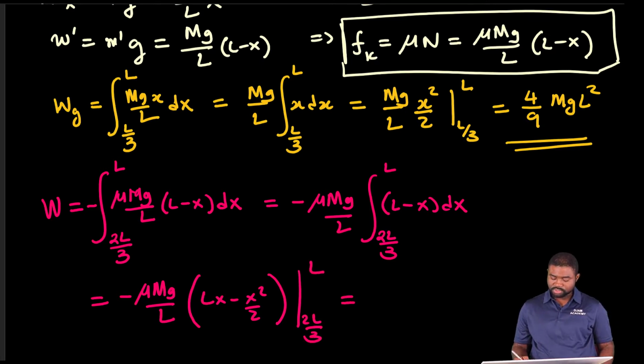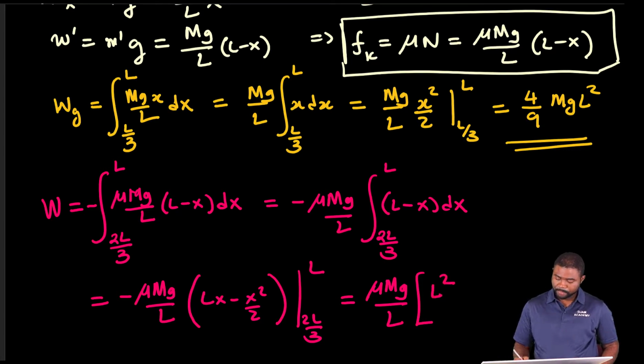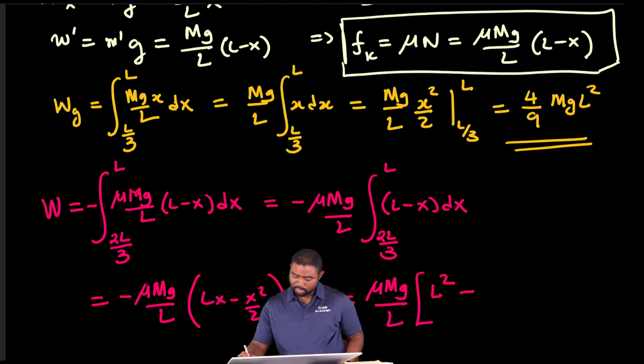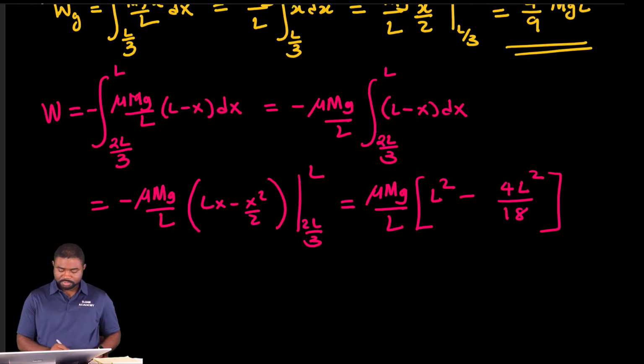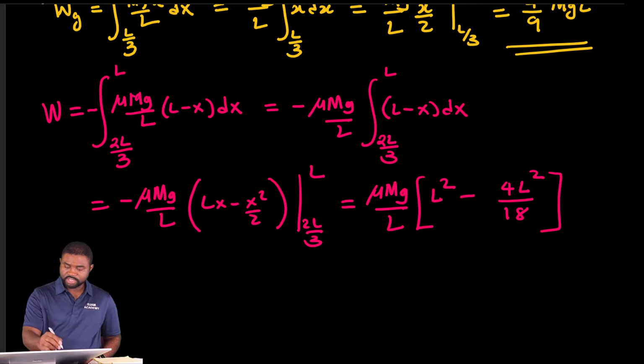This will be equal to mu capital Mg over L bracket L squared minus 4L squared divided by 18. So this means that there's a negative sign here. Let's not forget.